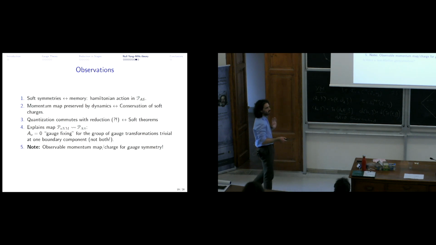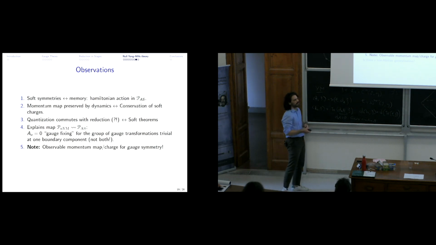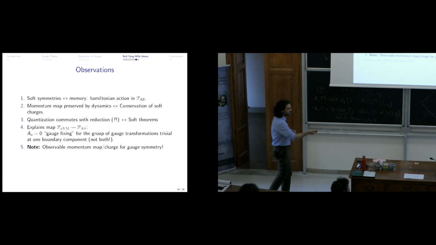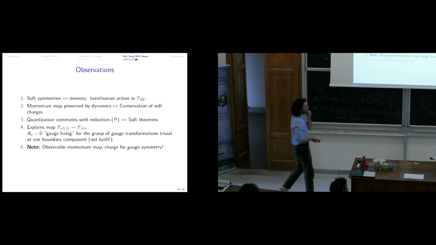I guess people have said that this fact is explainable in the sense that gauge symmetries become physical, become sort of global or observable at the boundary, which is maybe another way of saying the same thing, but okay.